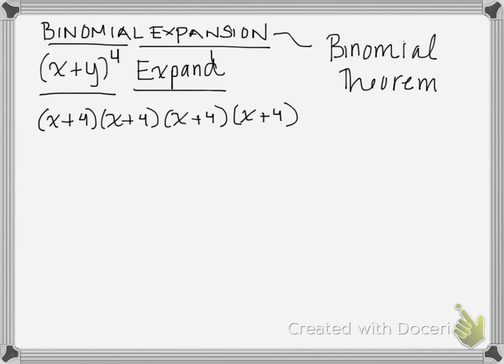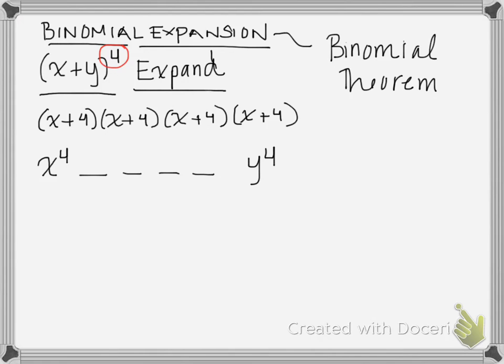Now, what we're going to notice here is that if I were to expand this, I am going to have an x to the fourth term to begin with, and I am going to end up with a y to the fourth term. Then I'm going to have a series of terms in between. Another thing to notice is that whatever the exponent is, here of course the 4, we're going to have one more term than that.